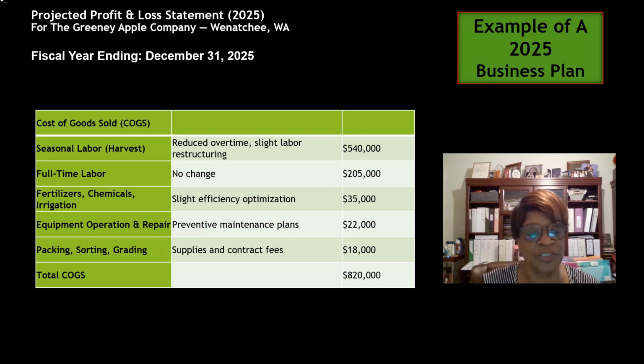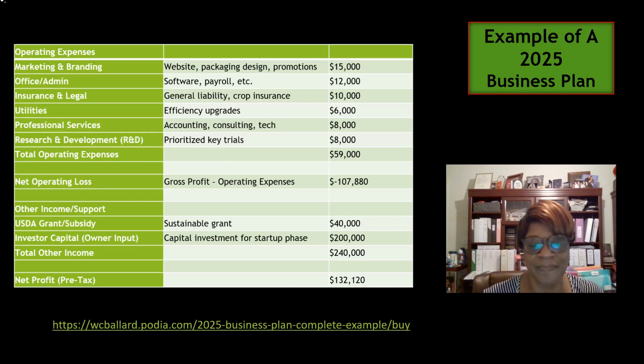The next section of your profit and loss statement is your cost of goods sold, normally referred to as COGS. And as you can see, it has all the expenses related to growing and purchasing your apples. And your final section in your profit loss statement are your operating expenses. Everything you need to stay above board and to operate the entire company is your marketing, utilities, insurance, administrative costs.